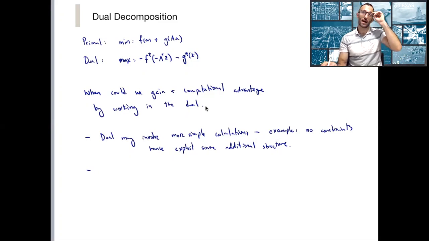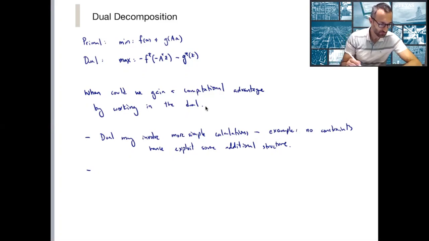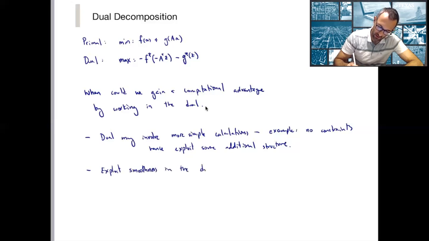But if you have smoothness, then with an accelerated method you can get 1 over t squared. So by that token, there are more algorithms that we can use in the dual. You could try to exploit smoothness in the dual.